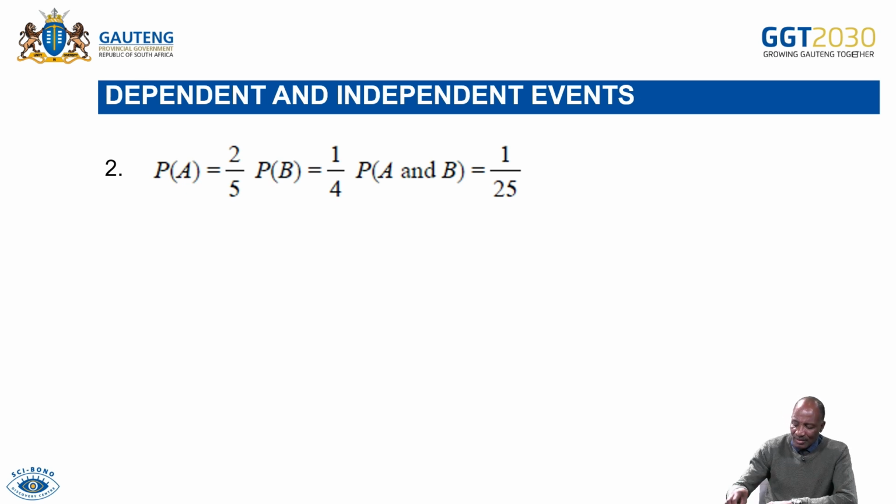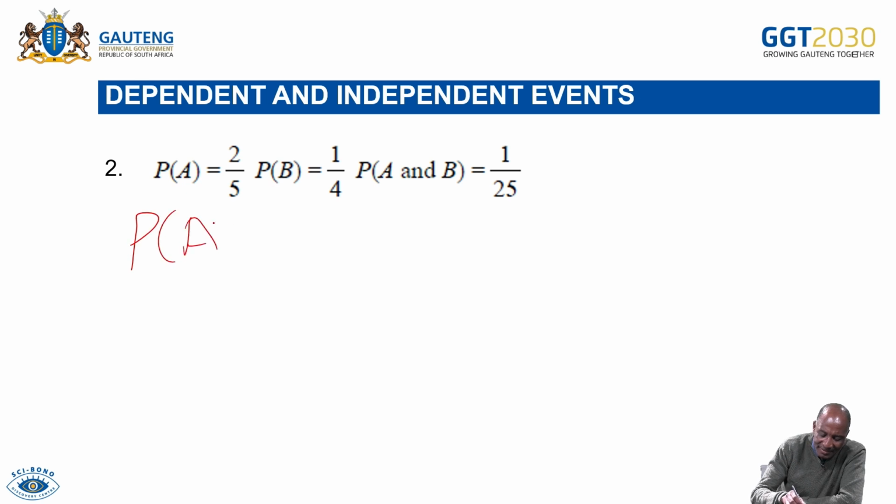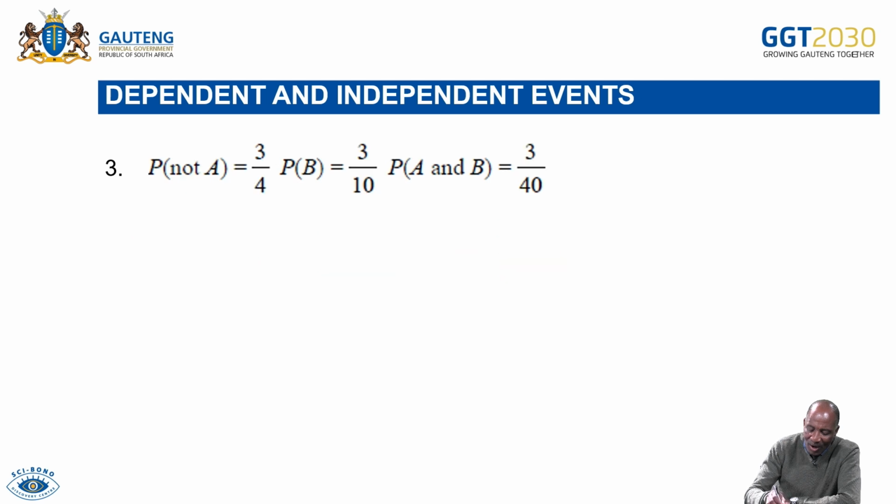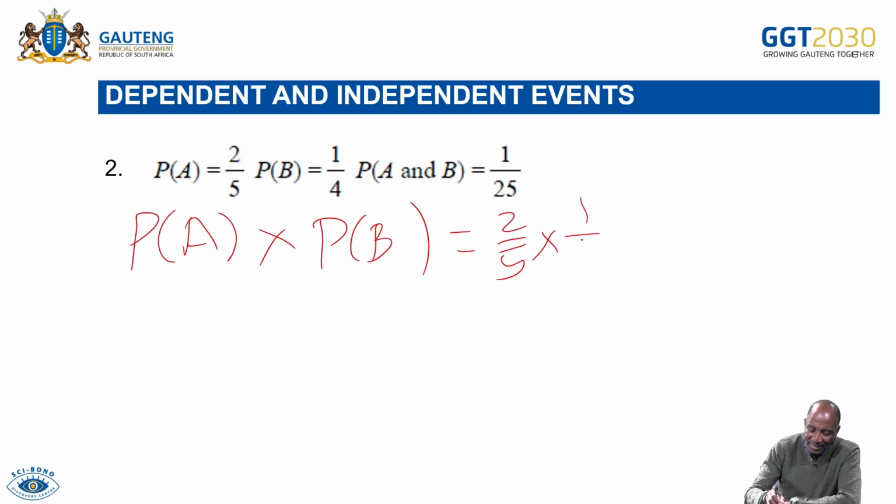Okay. So when we say probability of A multiplied by probability of B, I guess that's exactly what you did. It is equal to 2 divided by 5 multiplied by 1 divided by 4.